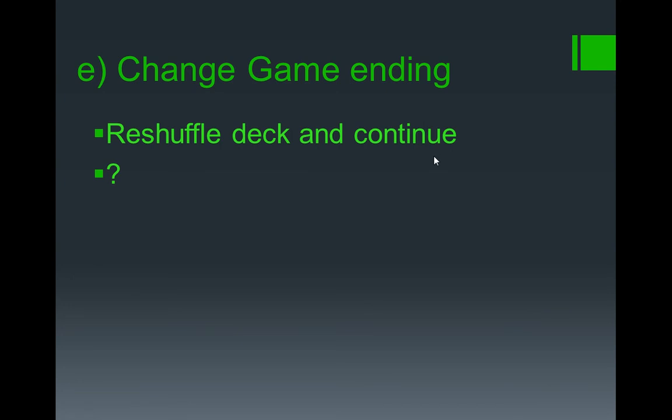So the idea that we could just call the shuffle deck, or if you've obviously created a new shuffle system, one of those. I feel like there might be something else that they could do with the game ending, but I can't spot it. So could you all have a little look at how the game ends? And if you've got some suggestions, throw them my way.